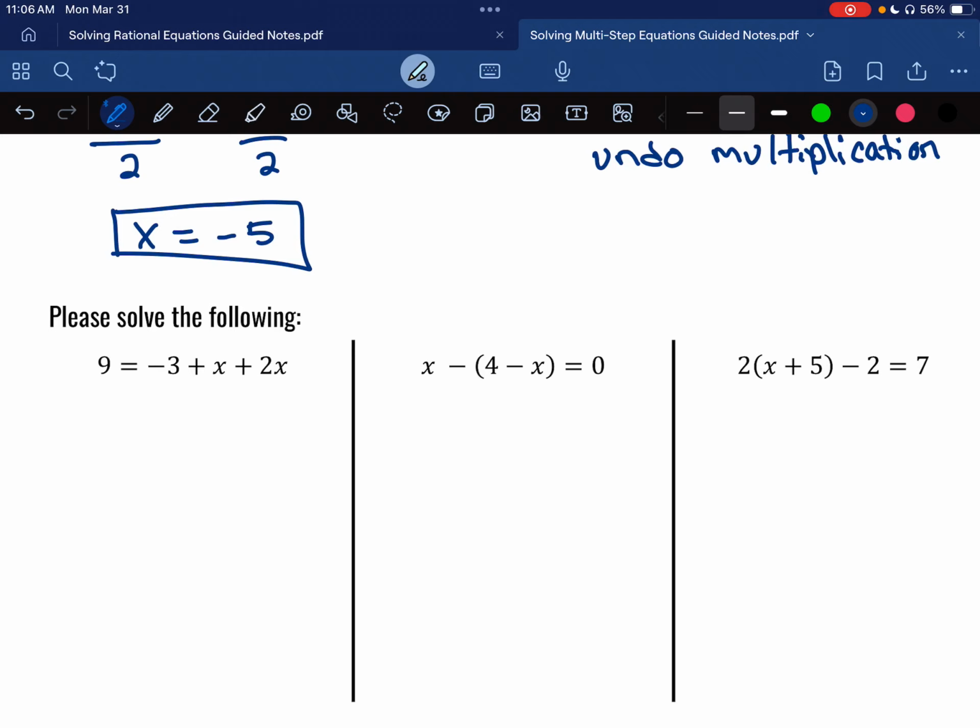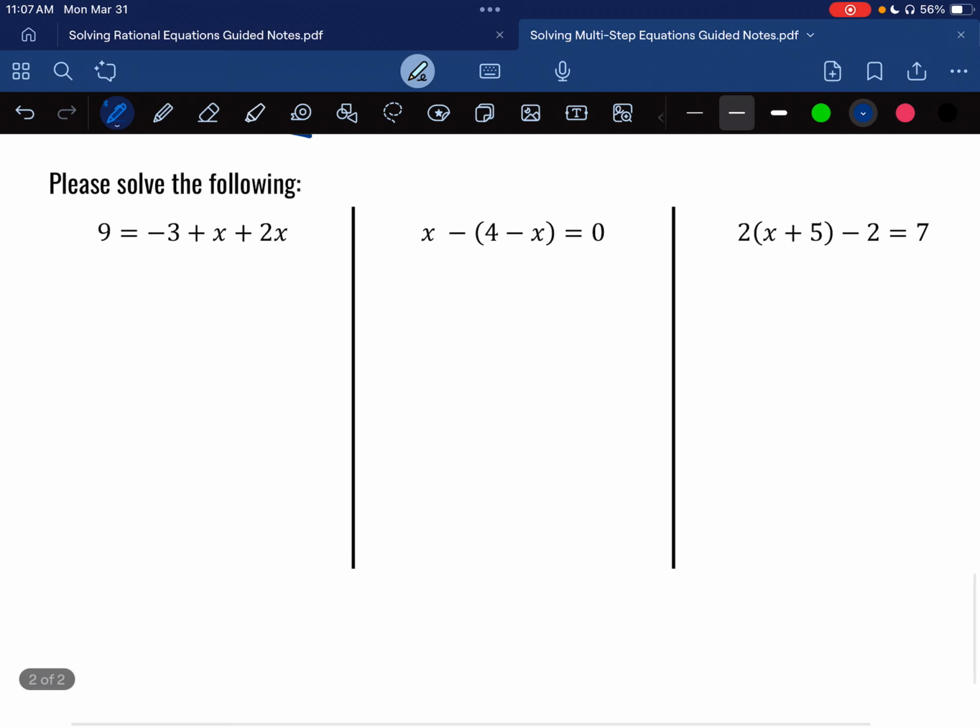All right, welcome back. So let's go ahead and solve these here. So first thing is I'm going to combine my like terms here on the right hand side. Now we are probably used to variables being on the left hand side, right? But equality is a two-way street. It's totally legal to have them on the right hand side here.